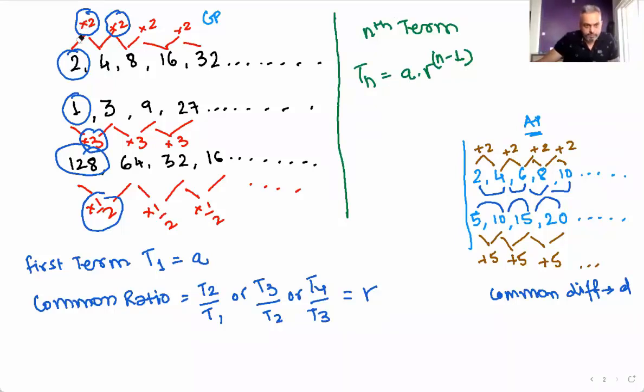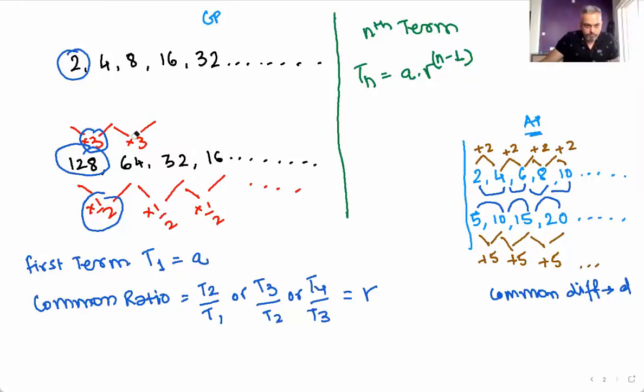Okay, please pay attention. Let's say for example, I'll just remove this. Now this is T1, this is T2, this is T3, this is T4, this is T5, and so on.